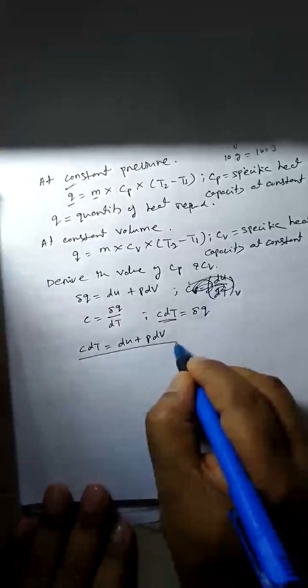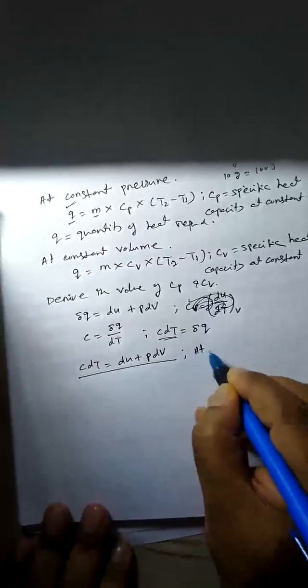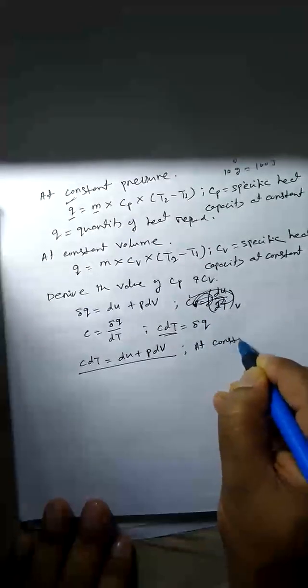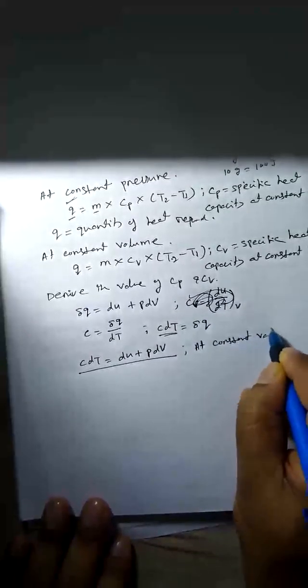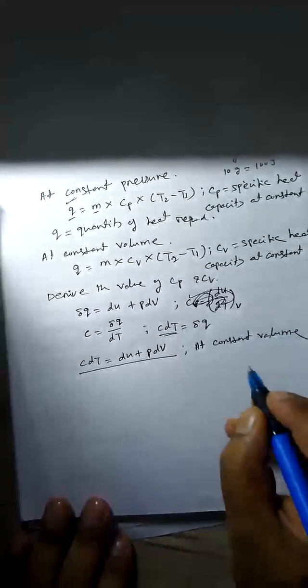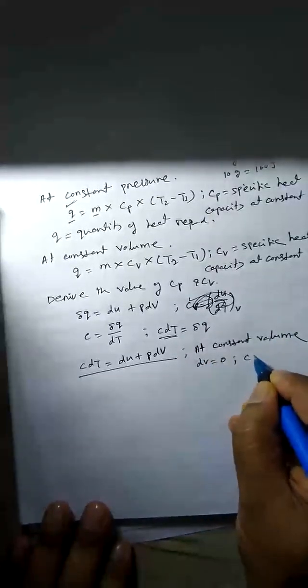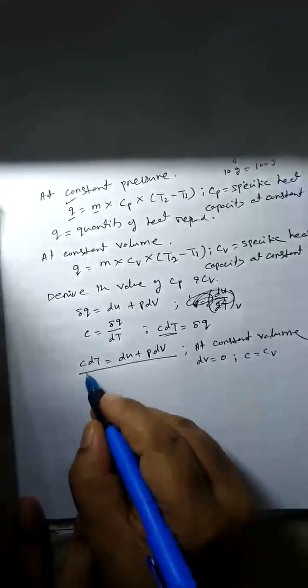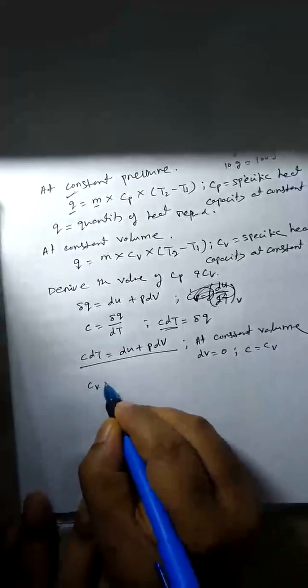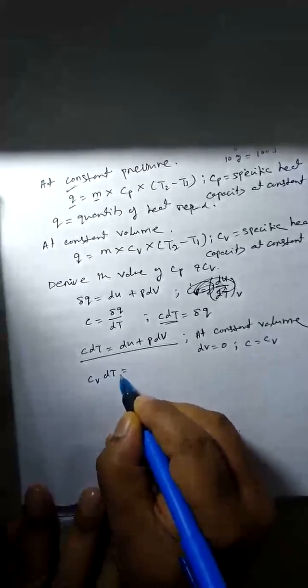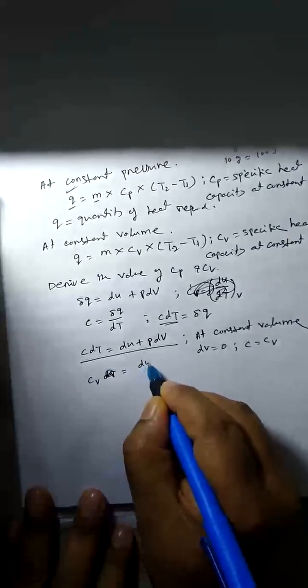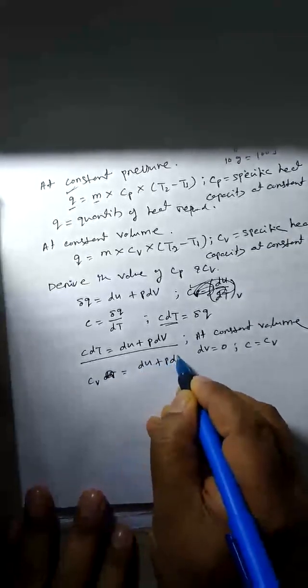Suppose at constant volume, dV is equal to 0 and C is equal to Cv. So here we write C dT is equal to dU plus P dV.